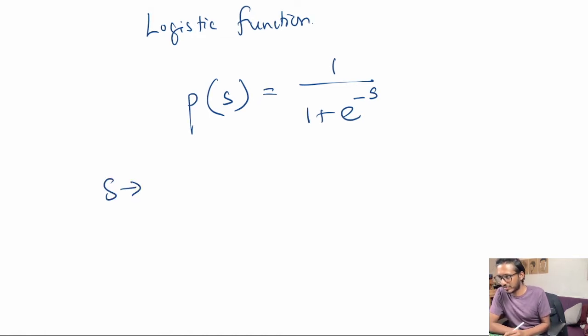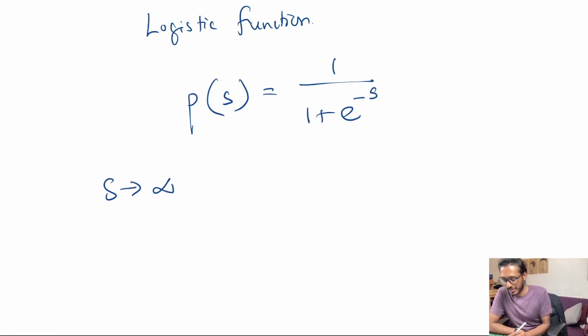When s goes to infinity, what happens? Minus s goes to minus infinity, and e to the power of minus infinity is 0.